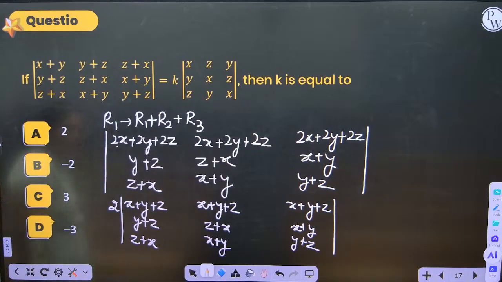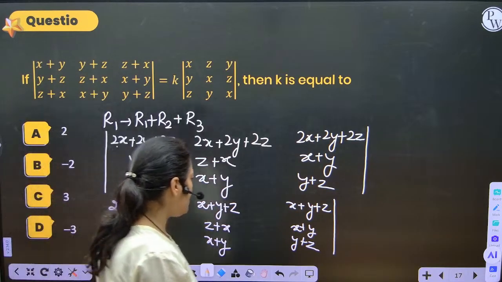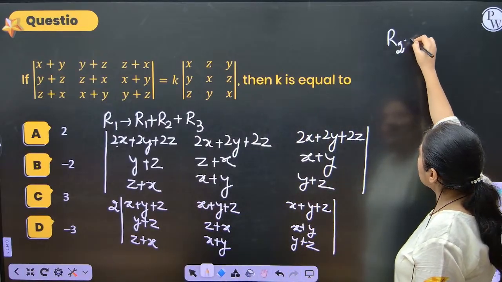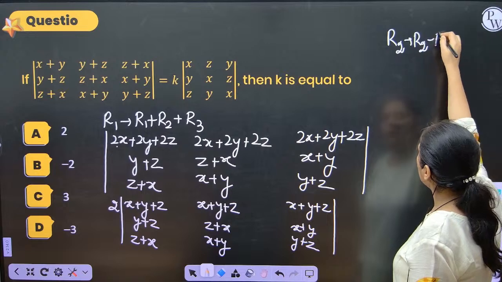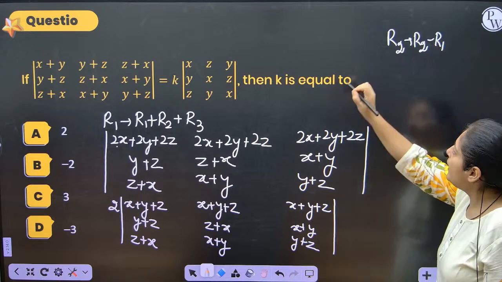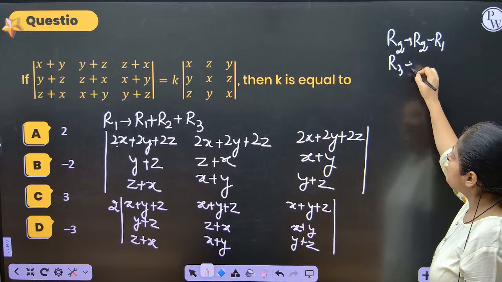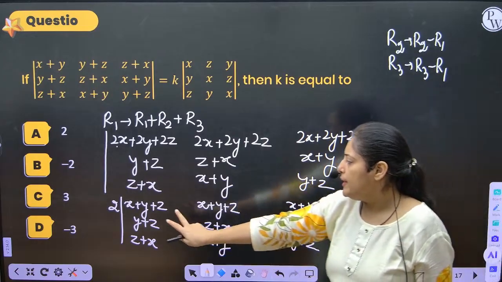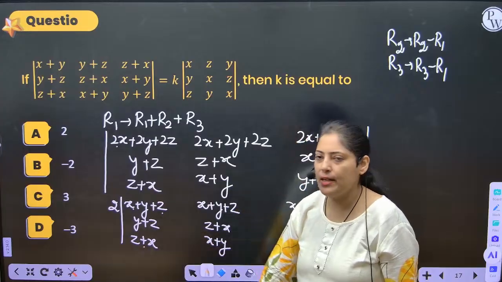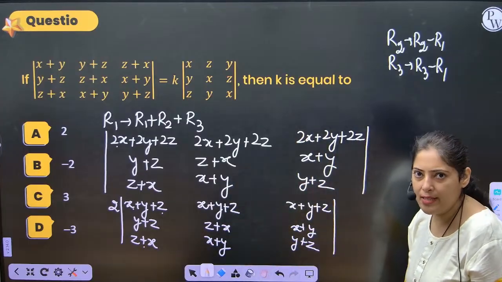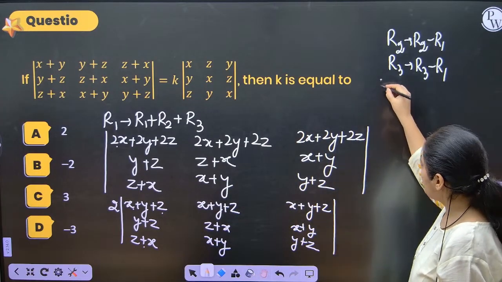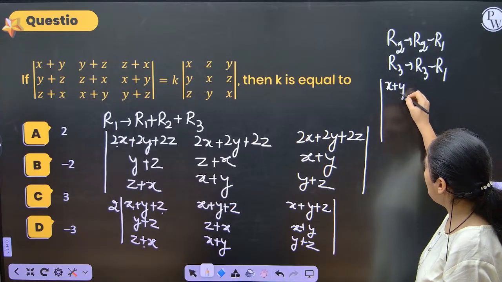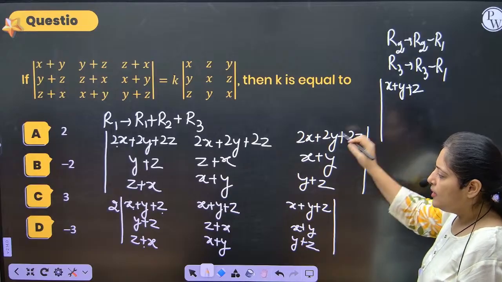Now in row 2, I subtract row 1, and in row 3, I also subtract row 1. Here z plus x is there, and there z plus x is there, so it will get cancelled because I am subtracting. x plus y plus z stays as it is.